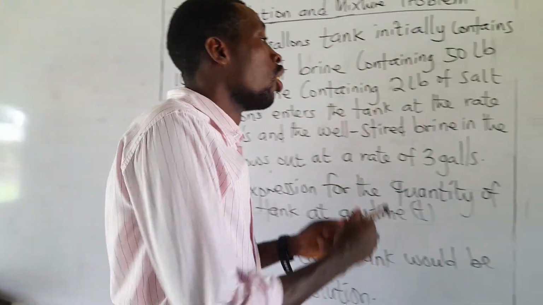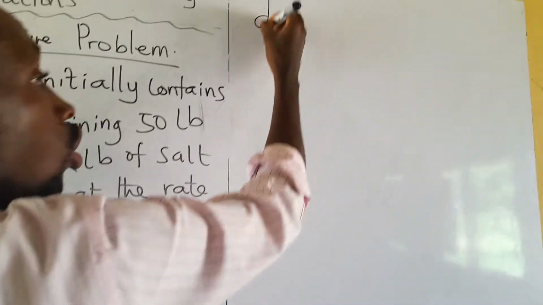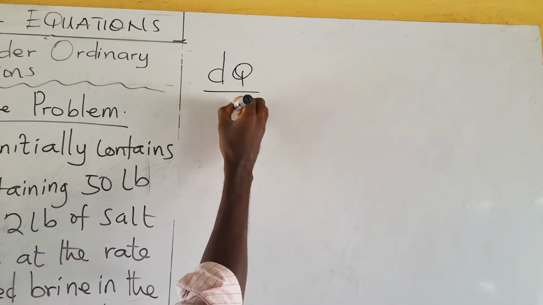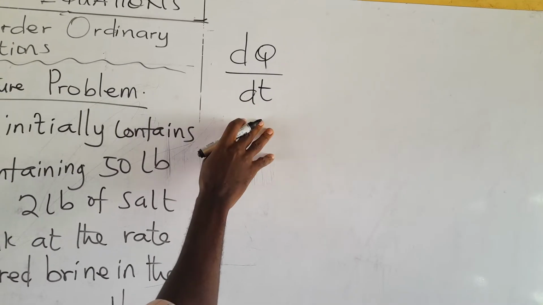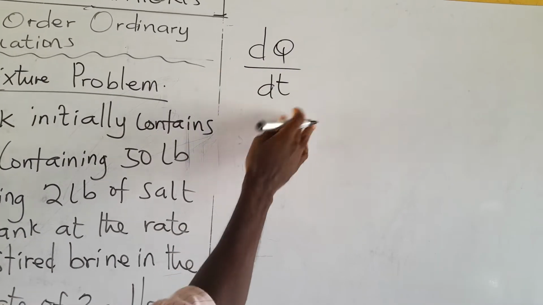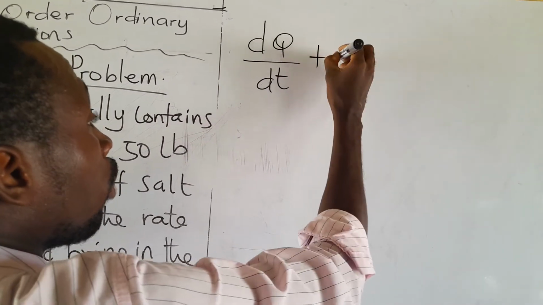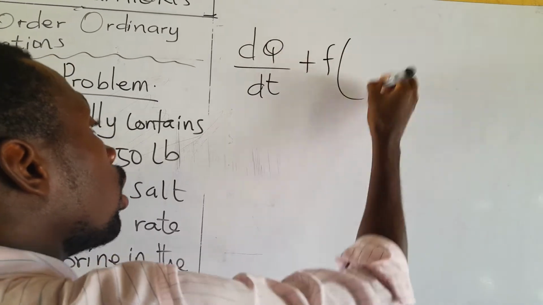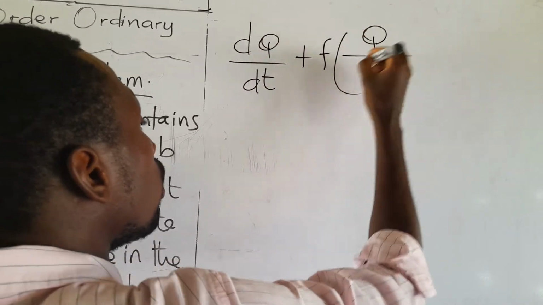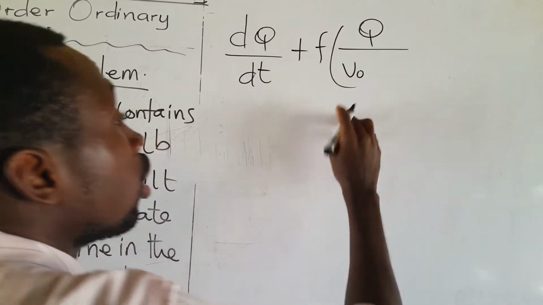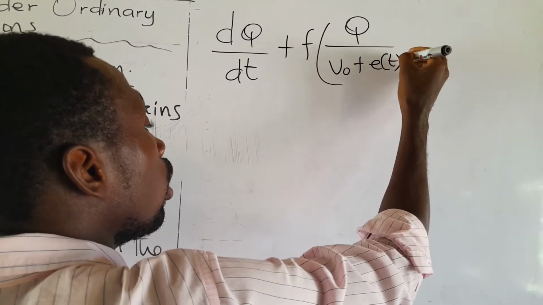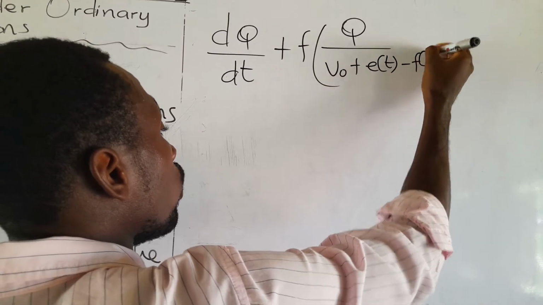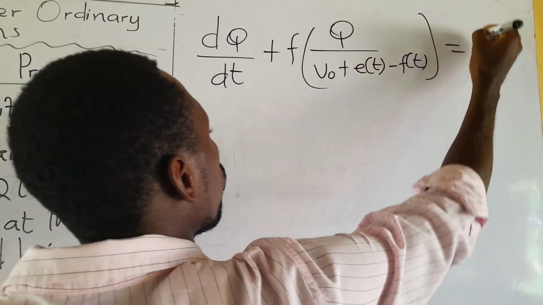Now listen, we said that the quantity of salt in the tank at any point in time t, plus the quantity that leaves, that's V naught plus E of t minus F of t, is equal to BE.